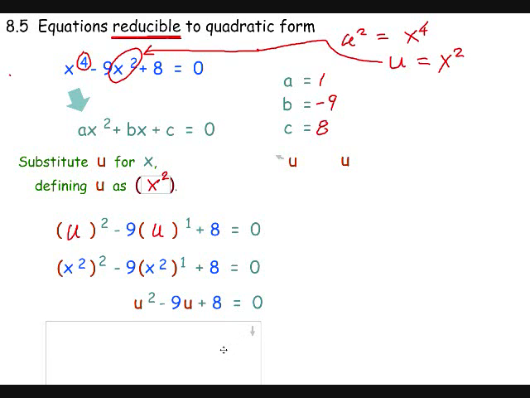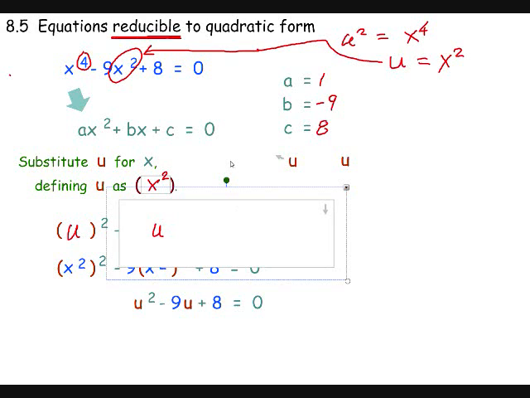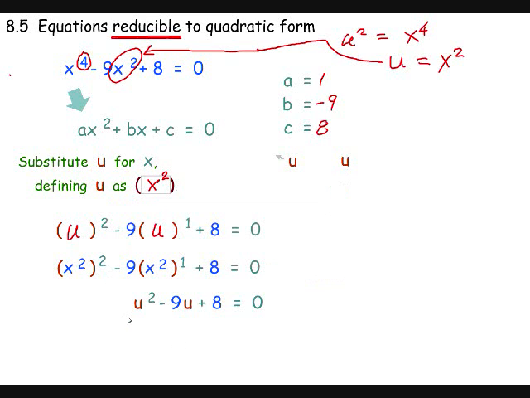So that's what we just did. We realized that instead of using x squared, we could use u. This isn't that hard to solve now, is it? We believe we can get two linear binomial factors out of this.